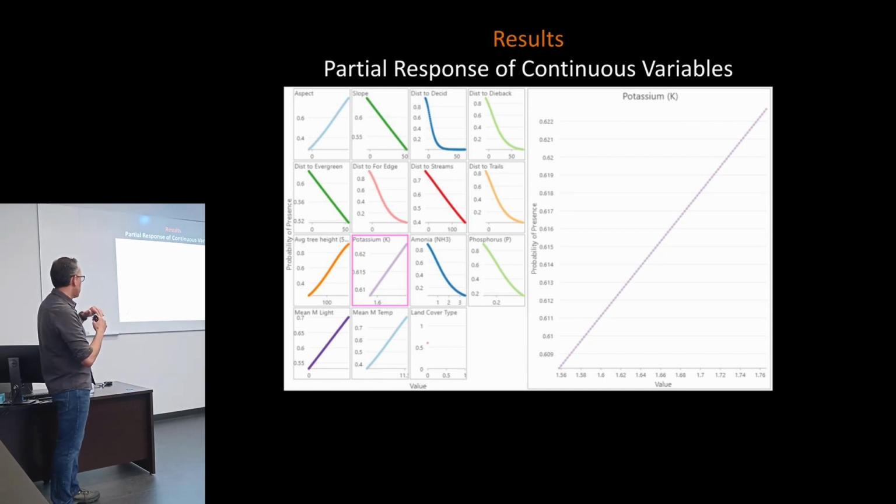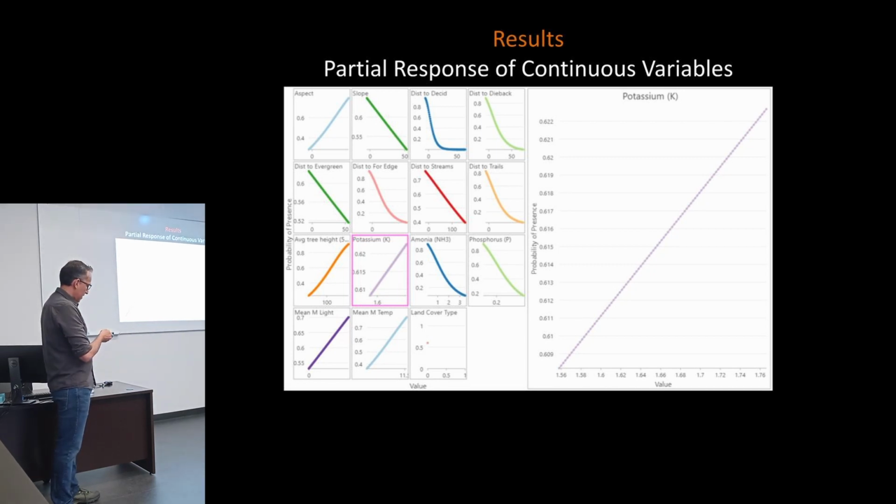In other words, we look, for example, at distance to forest edge, but we keep the other variables constant. So we just get a sense of what impact that particular variable has on the model, right? But later on, we can actually look at the interactions between the different variables and see which variables are actually contributing something to the model.